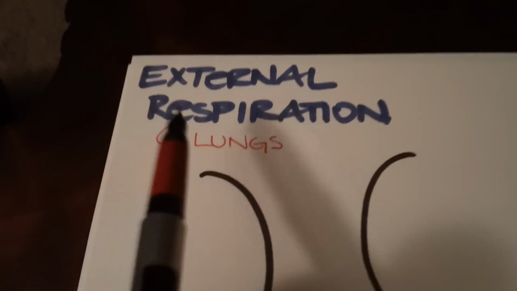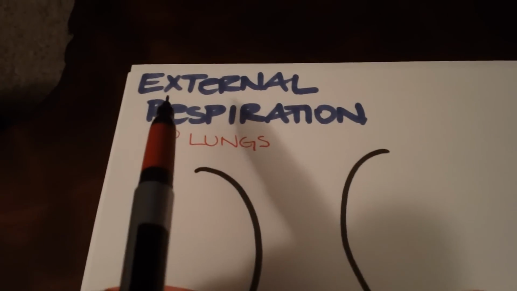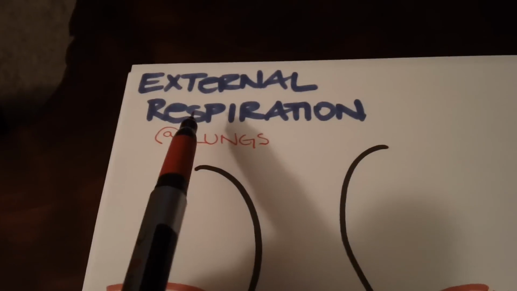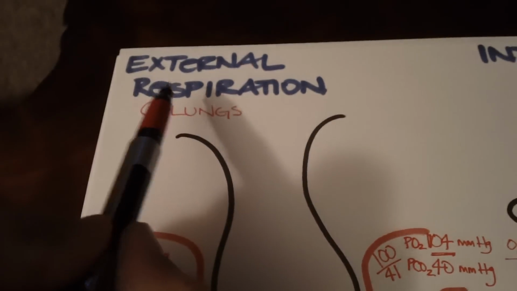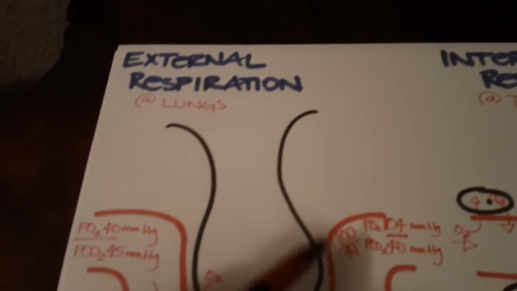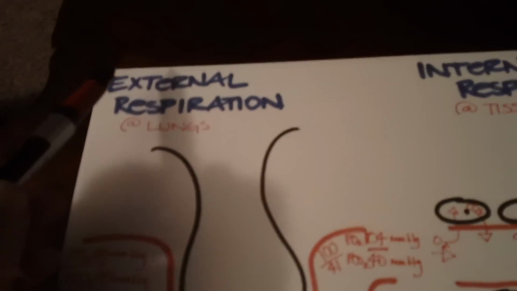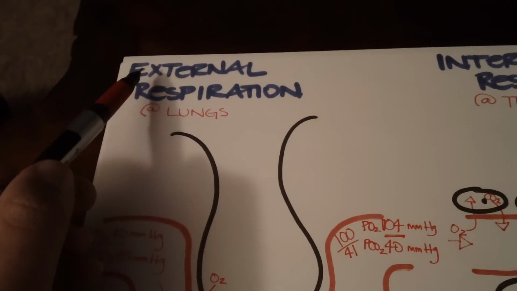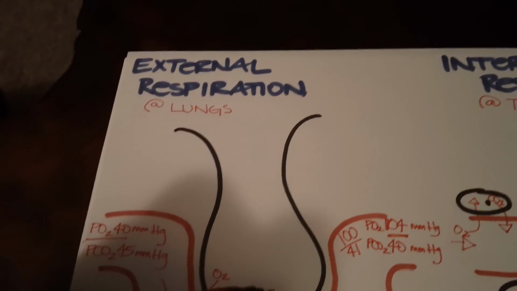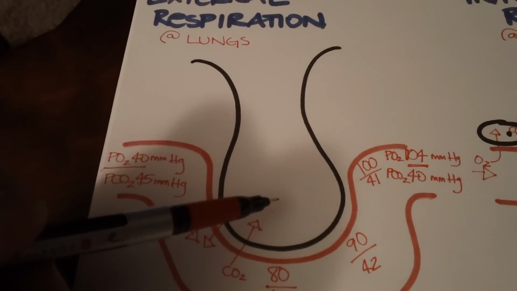So now let's redefine what I botched this morning. External respiration is not breathing out. It's basically respiration that is external, open to the outside world, hence the lungs, because when we inhale or exhale, we're dealing with the outside world, right? With the air that we breathe in and out.